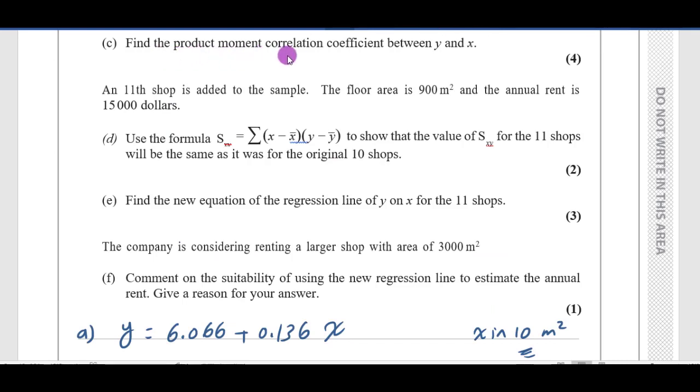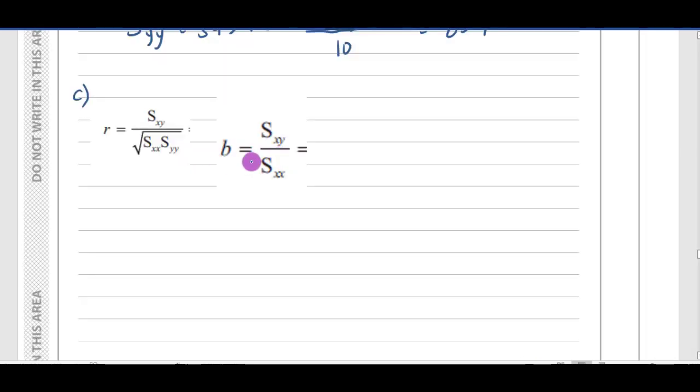Now find the product moment correlation coefficient between y and x. This is the equation from your formula sheet. B is equal to 0.136, given. So now we can find the SXY, because I need SXY here.